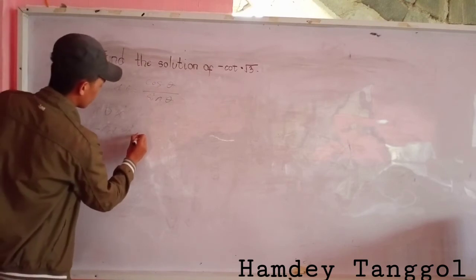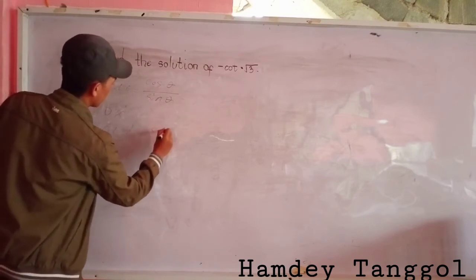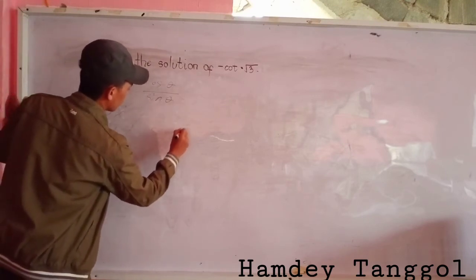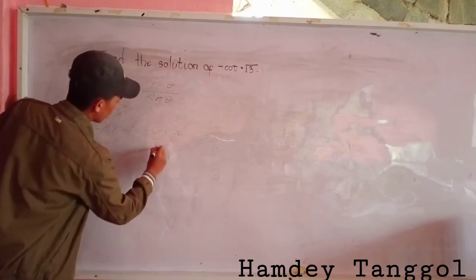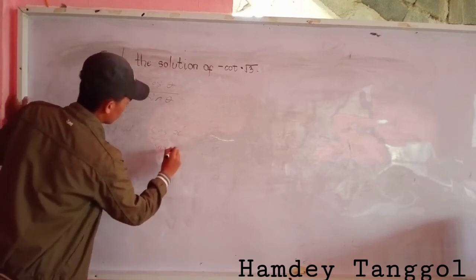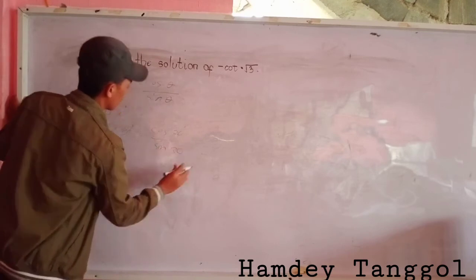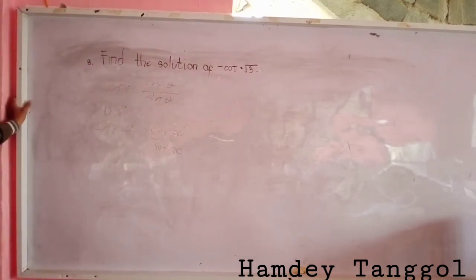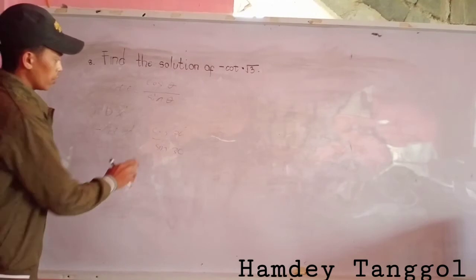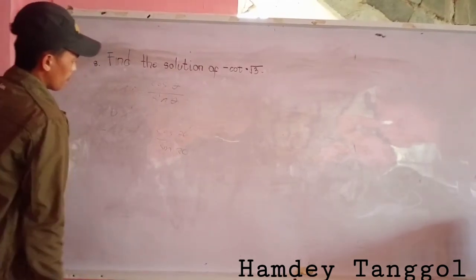The cosine is equal to cosine 30 degrees over sine 30. So, we look at the table for 30 degrees.